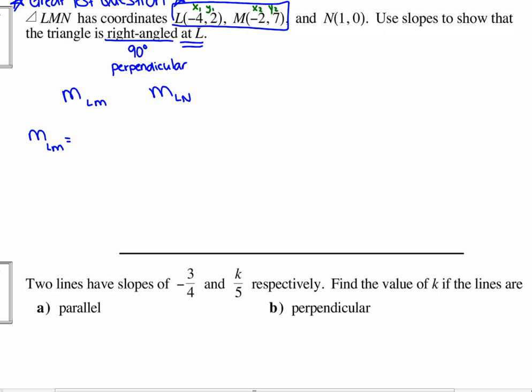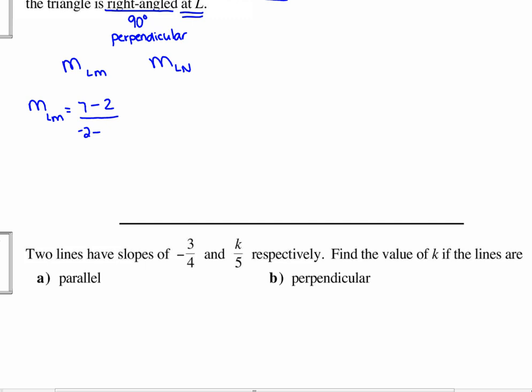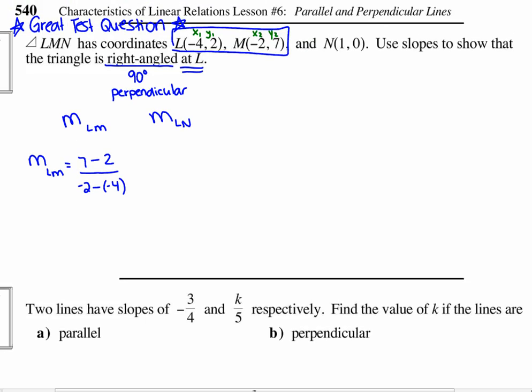So second Y minus first Y. 7 minus 2 divided by second X minus first X. -2 minus, can you see that all right back there? Minus what? -4. Minus a -4. -2 minus -4. So second X minus first X. 7 minus 2 is 5.